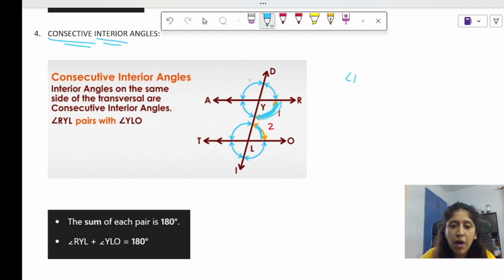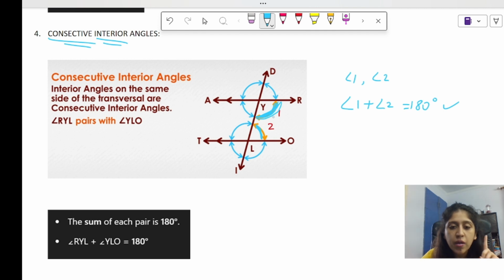Okay, exterior angles are on the outside, interior angles are on the inside. So interior angles 1 and 2, and these are consecutive interior. Consecutive interior. Okay, what is the rule? The sum of consecutive interior angles is 1. I hope the concept is clear. This is the rule.